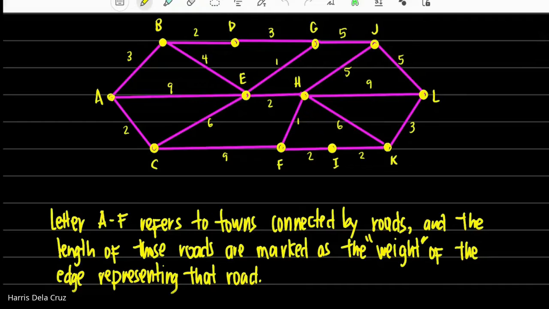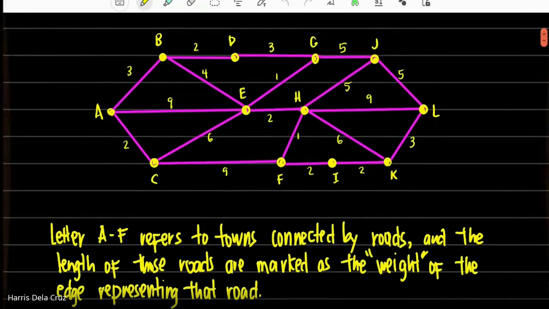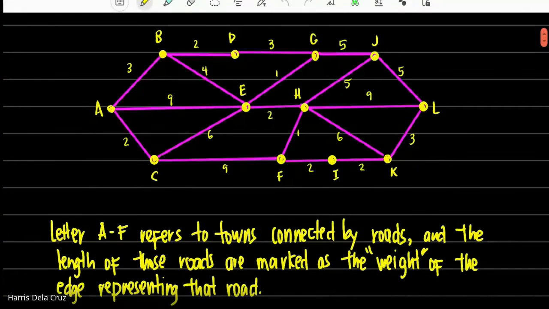So, an edge represents a road that connects, let's say, town A and town B by a road. And then the markings are the width or the length of the road. So, in our example, yung A to B natin is connected by a road of 2. So, as I've always said, yung length doon sa graph, not necessarily proportional doon sa real life scenario.